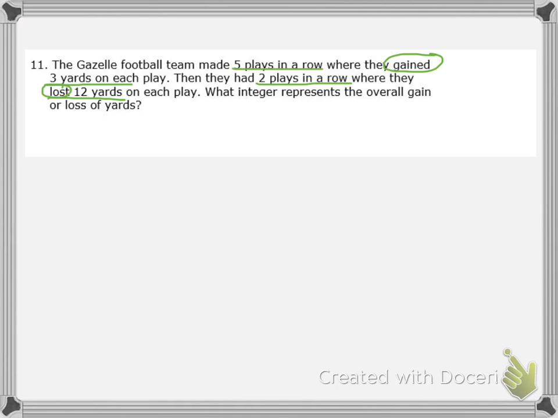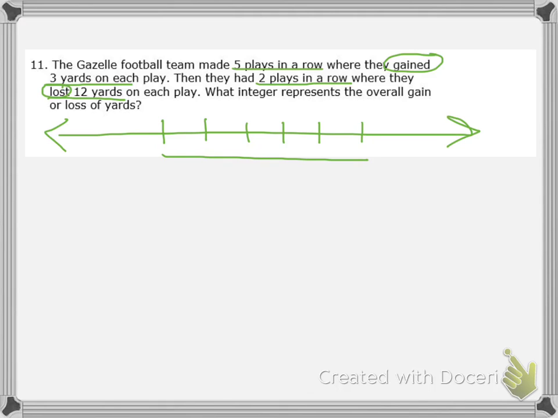Alright, so I could draw a picture just to kind of help myself with this problem. So let's say here's my football field. I don't really know where they're at on the football field, so I'm just going to say here. They're right here. Alright, so they gained 3 yards for 5 plays in a row. So here's 1 play, 2 plays, 3, 4, and 5. So this is where they gained yards.